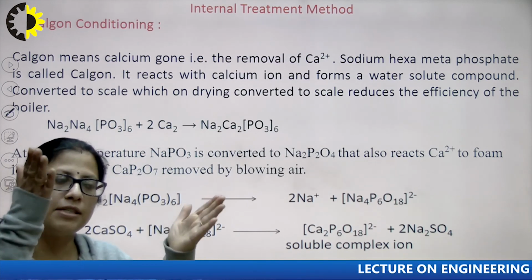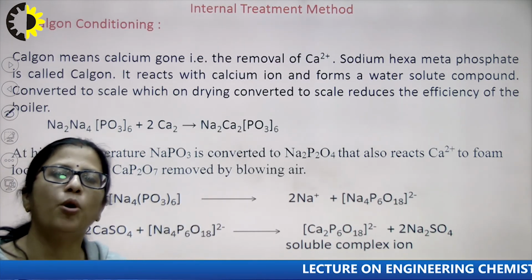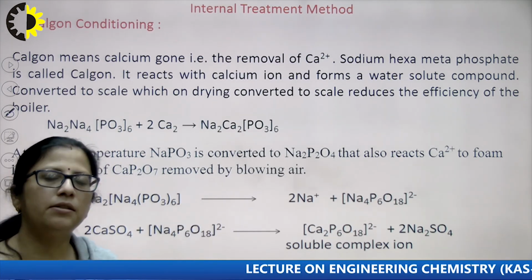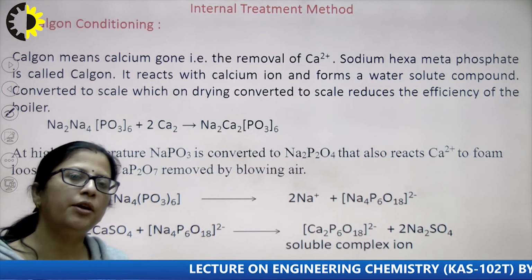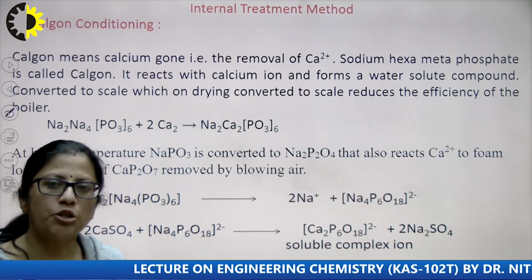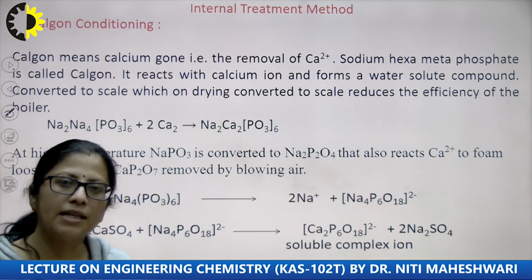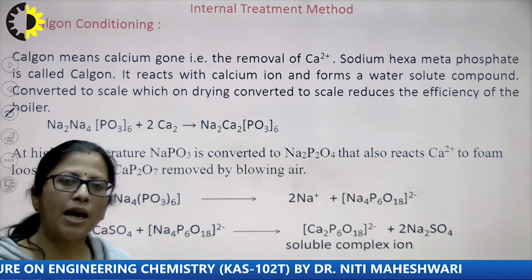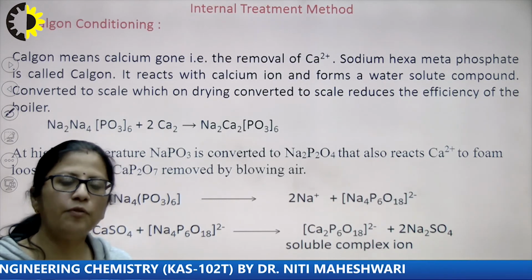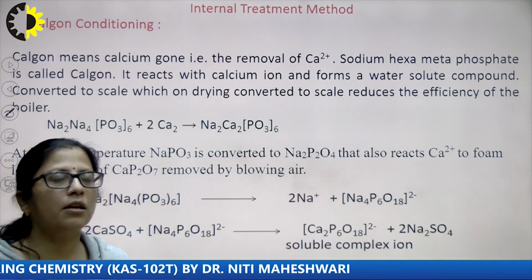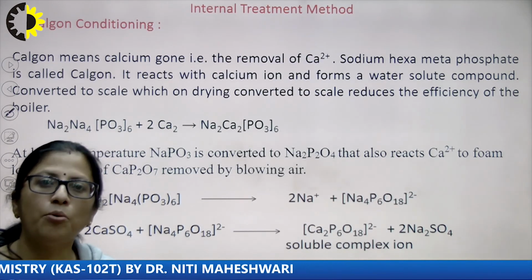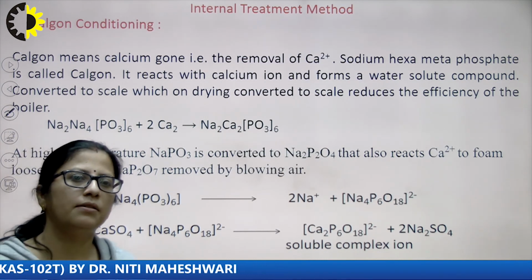Otherwise the scale will start getting deposited on the inner walls of the boiler and the efficiency of the boiler will be reduced. So the Calgon conditioner is added to the water inside the boiler so that it softens the water but does not let the hardness come out as precipitate.